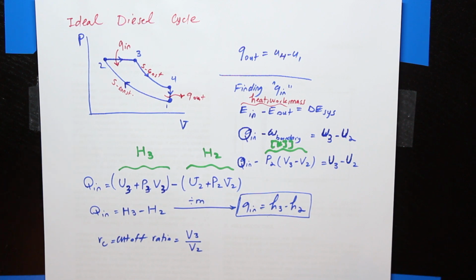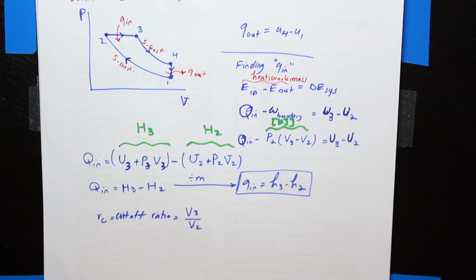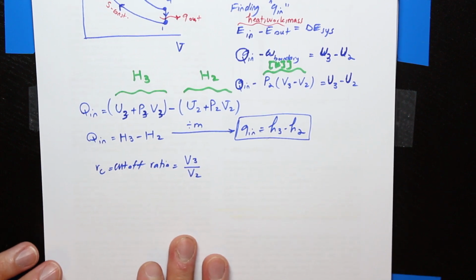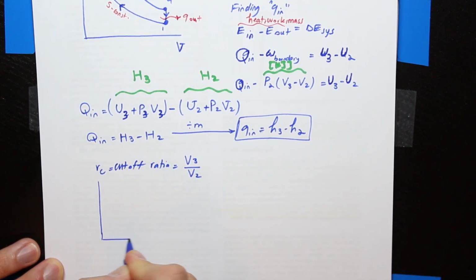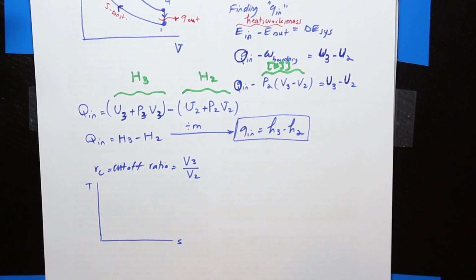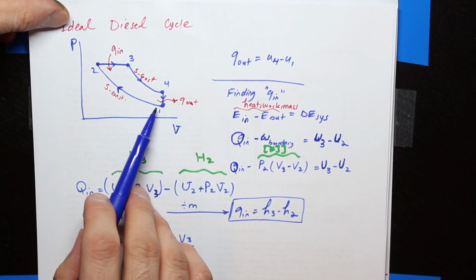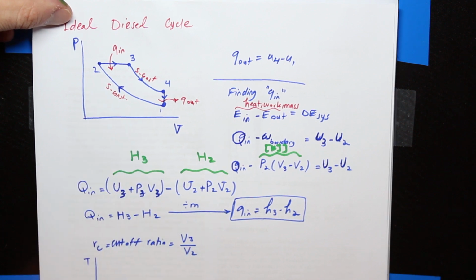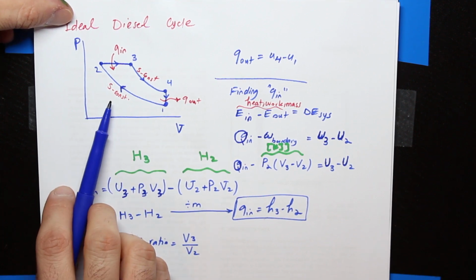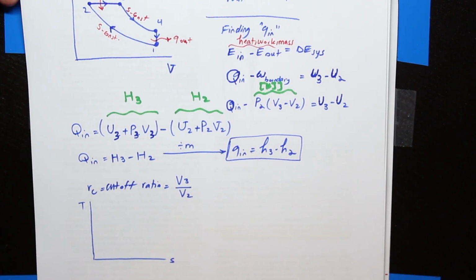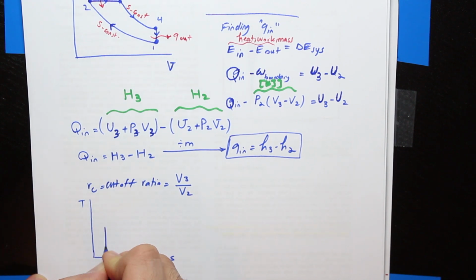If I want to do the TS plot for the diesel cycle, it doesn't really hurt if we do the TS plot as well. The process from 1 to 2 was compression, so the temperature does increase, but here it says that S is constant. So from 1 to 2, I should have a nice vertical line.